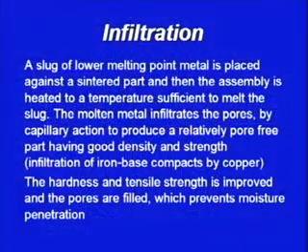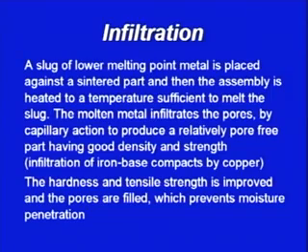Then another process is infiltration. Here a slug of lower melting point metal is placed against the sintered part and then the assembly is heated to a temperature sufficient to melt the slug.